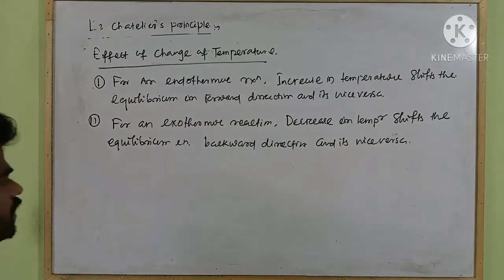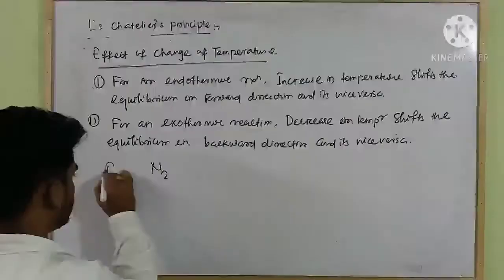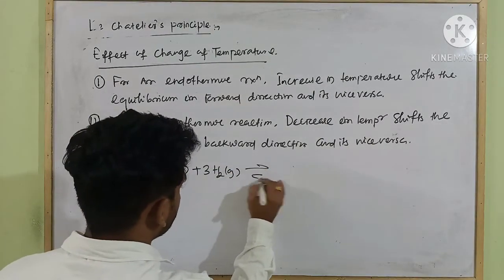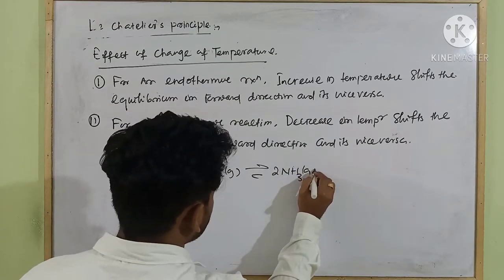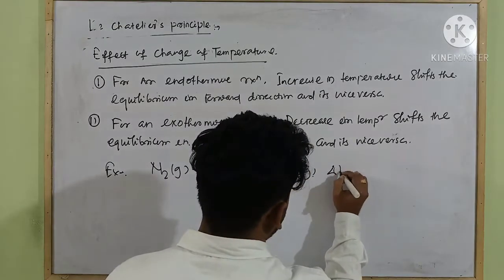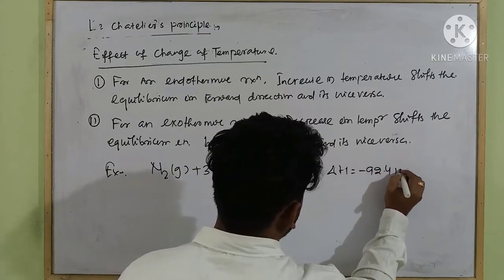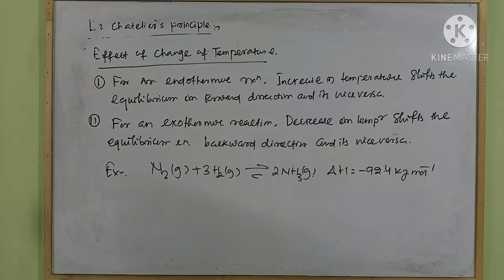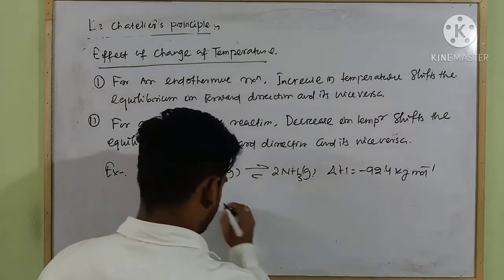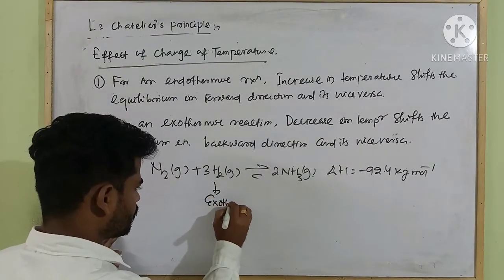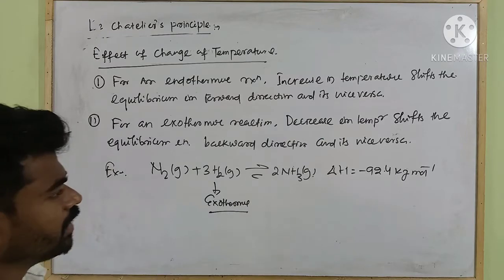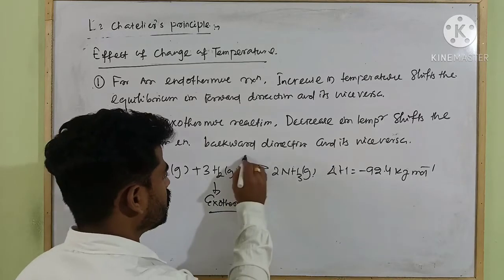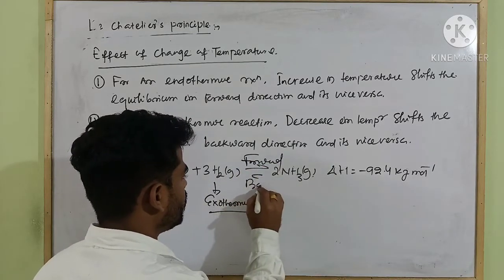That means if I consider a reaction, again N2 plus 3H2 giving rise to 2NH3 gas, and here the value of delta H is minus 92.4 kilojoule per mole. Is that clear? So here you see, since delta H is negative, the reaction is exothermic. Exothermic means energy is released during the formation of ammonia. This is the forward reaction and this one is the backward reaction.